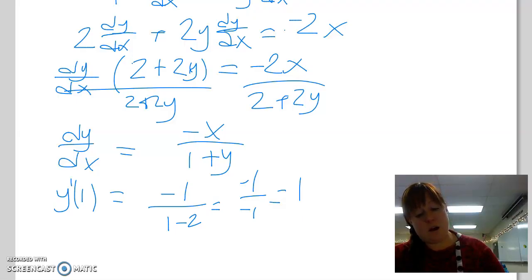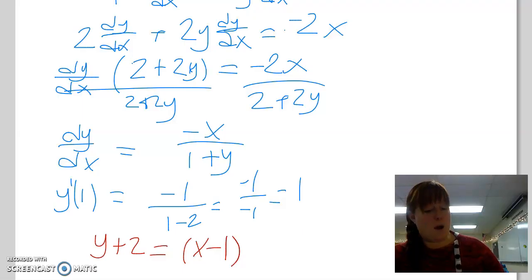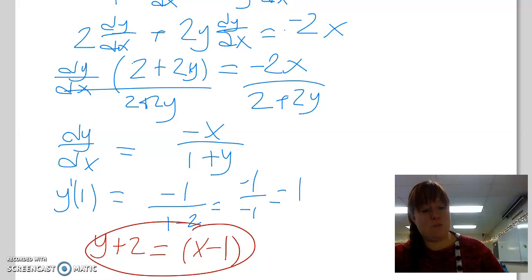I would not suggest anything else. So I would just say y plus 2 equals 1 times x minus 1, because it's y minus y1 equals the slope times x minus x1.